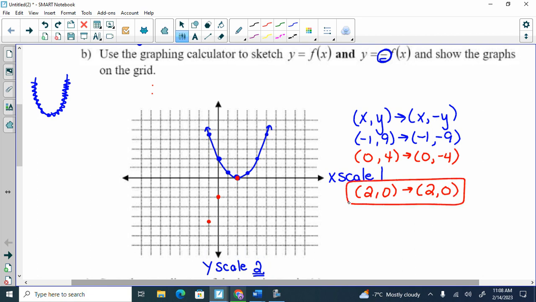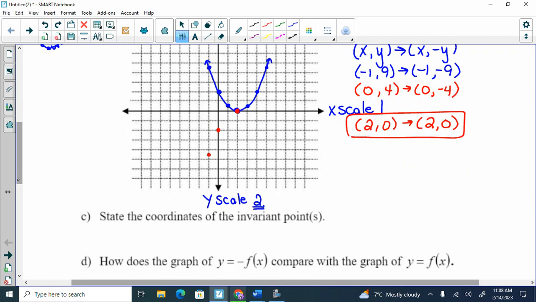Do you see that? When I applied my transformation, it stayed the same. Before I go and draw more, I'm going to say that's an invariant point. An invariant point is a coordinate that stays the same. Sometimes there's more than one.